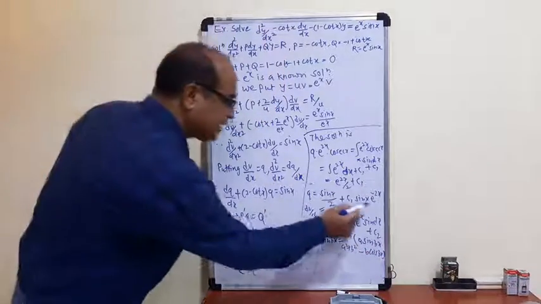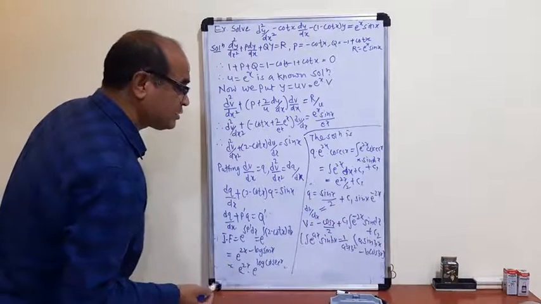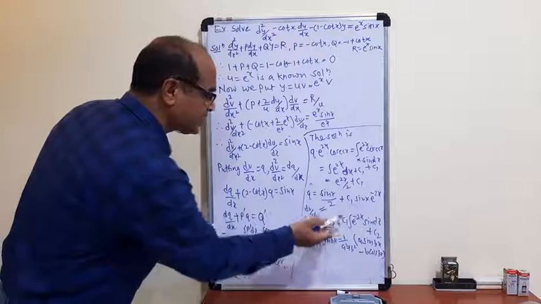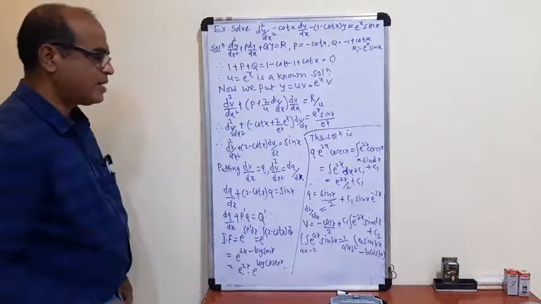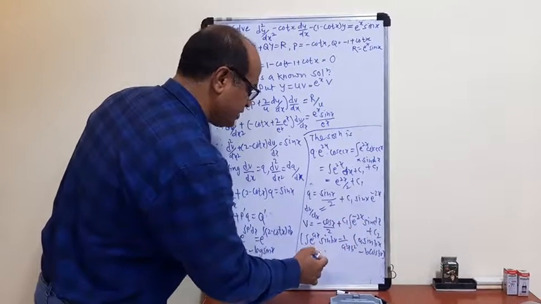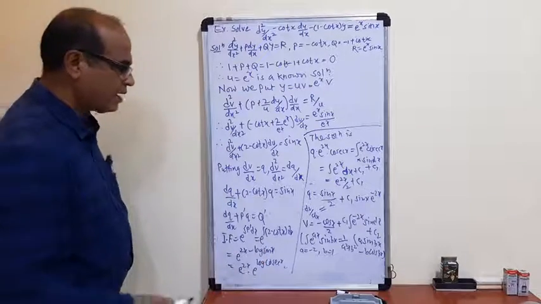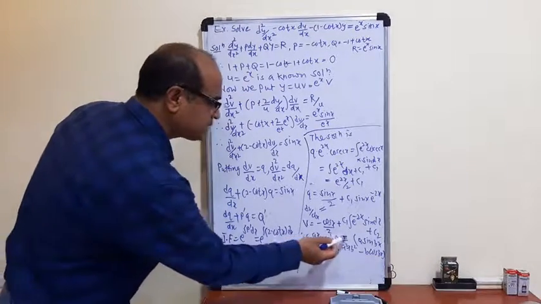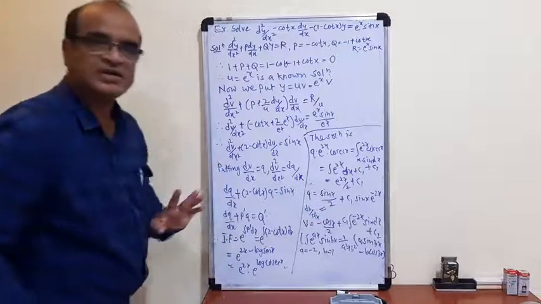So find this integral, e raised to minus 2x sin x dx. What is a? A is minus 2. What is b? B is the coefficient of x, that is b is 1. Putting those values in this formula, we get the solution of this integration.